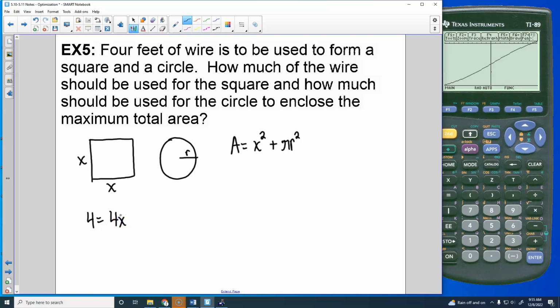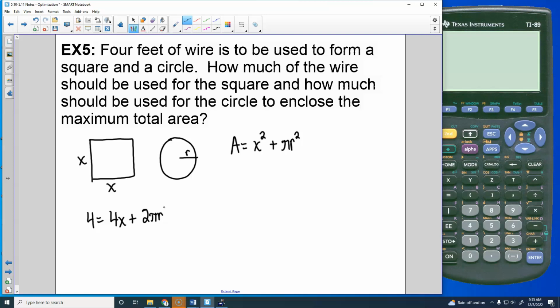What is the perimeter of a circle called? Circumference. And what is your circumference formula? Nope. Almost. Just 2 pi r. It is also pi times diameter, but you have to use the same variables for this.